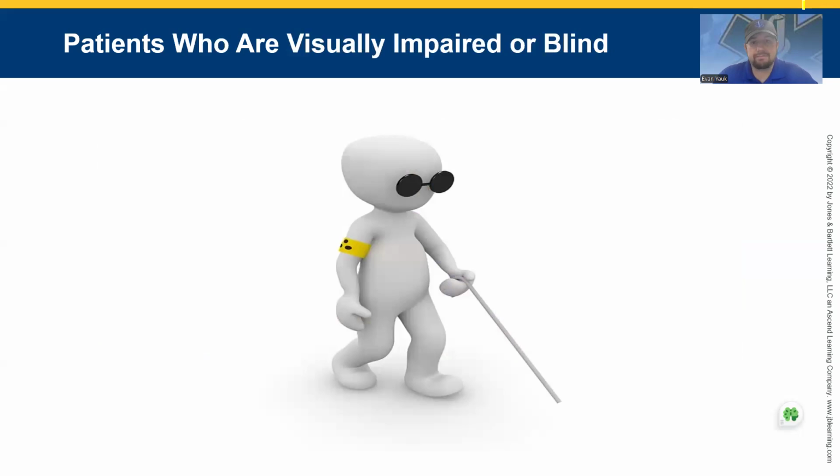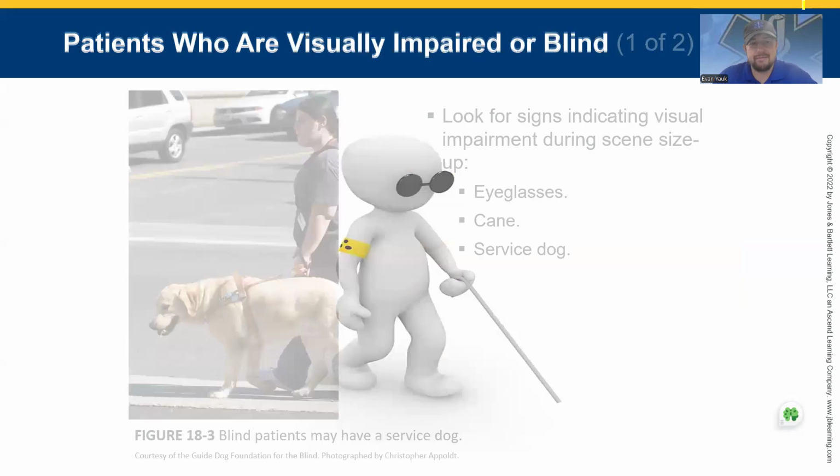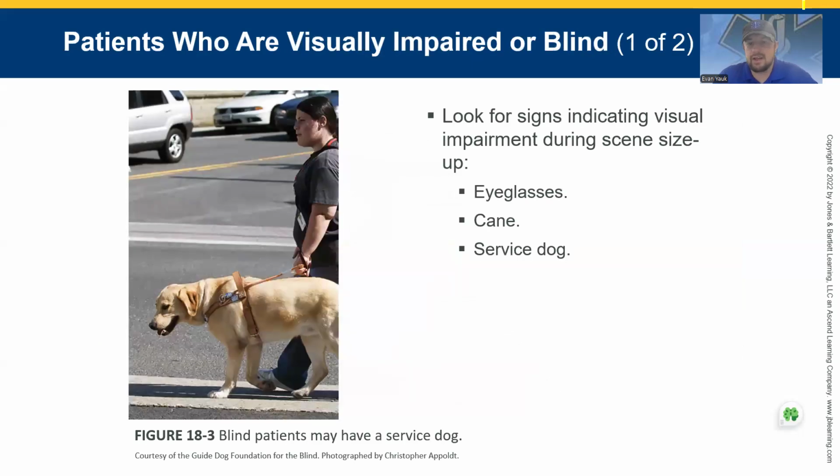So when we're dealing with the visually impaired or the blind, look for signs indicating visually impaired during your scene size up. Once again, in our scene size up, we're looking for things, right? We want to notice things about the patient, about the surrounding area, the house, wherever we might be.